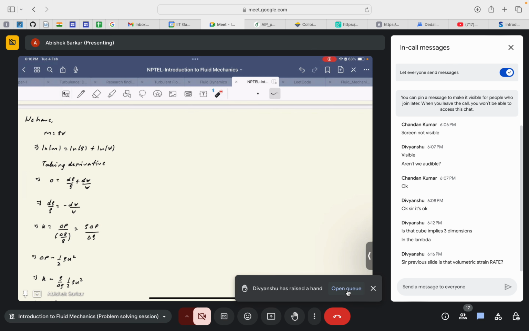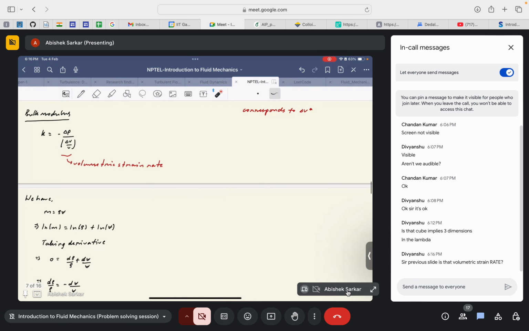Is that volumetric strain rate? Yes, it is volumetric strain rate. Change in volume by the initial volume.